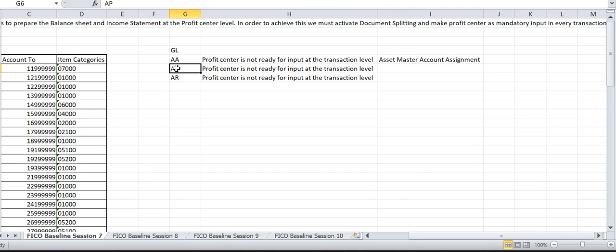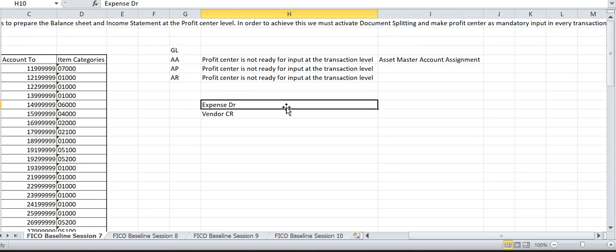Now let's come to AP and AR. In case of AP and AR, the profit center for the AP and AR line item in a transaction will be derived from the offsetting account. For example, let's say I have expense debit and my vendor account credit. The expense account is a GL account, and the vendor account is in the AP module.